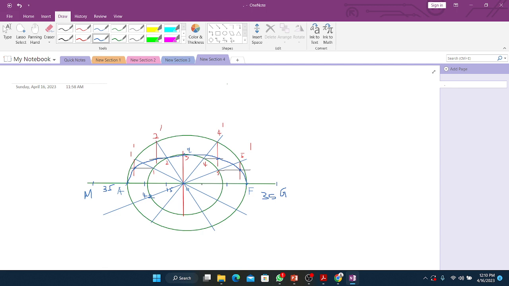You want to mark these points. This is 42 millimeter distance from this axis. Okay, this axis means OQ. From this OQ line, you want to mark. After marking those points, you have to draw a vertical line there. In this way, you have to draw a vertical line. Then you can mark those.